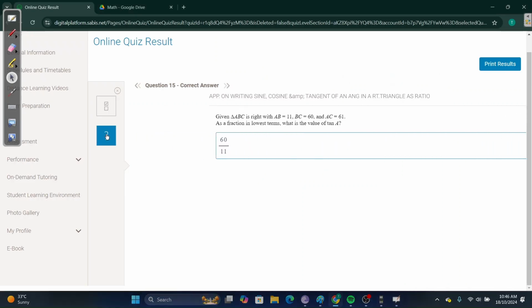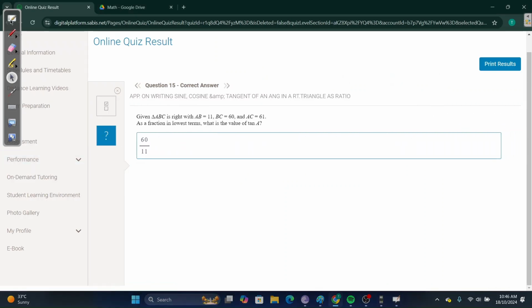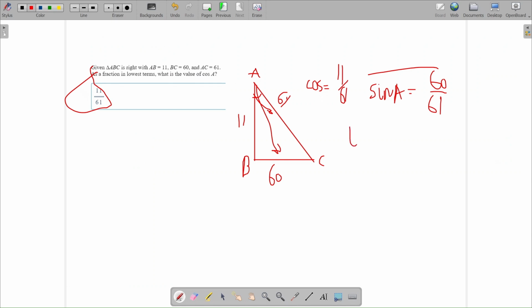And this is your final answer for the sine. Now, question 15. What's the value of the tangent? Okay, the tangent of A is again sine over cosine. I'm going to apply sine over cosine as extra practice, the way the book does it.